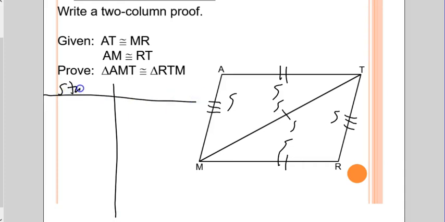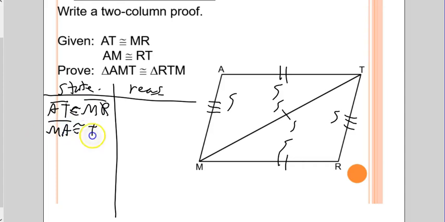So we have our statements. We have our reasons. And I can spell. All right? So we write our given. AT is congruent to MR. AM, or MA, I screwed up, is congruent to RT or TR. Okay? Now, what did we add?